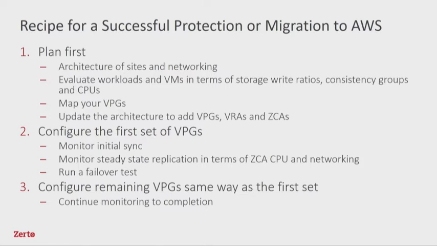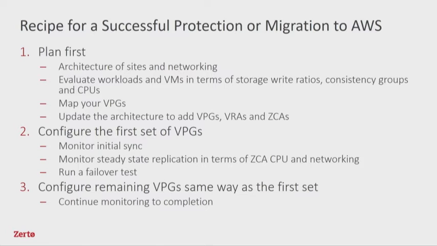The write ratios are especially critical because what's getting replicated are the writes. So if you know the write ratios, you know your IOPS, or you know your block size, so you can back into megabytes per second. That's very helpful.